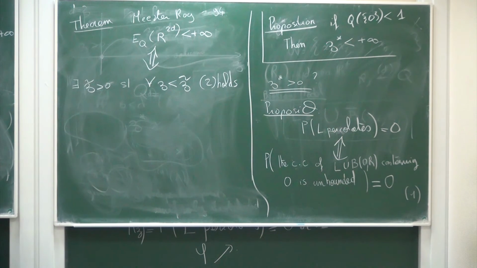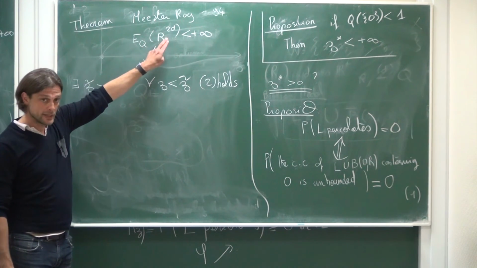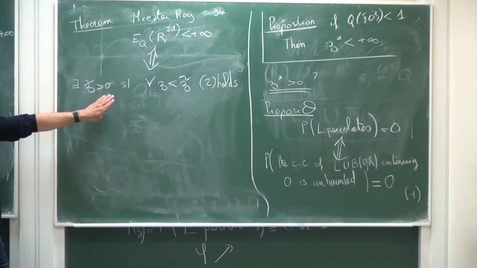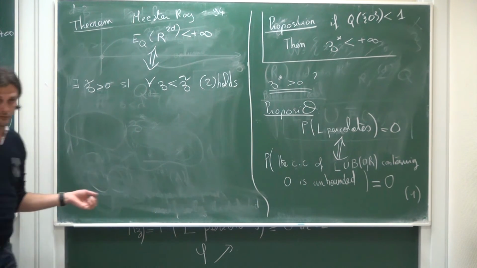And it's an equivalence. So if Q has a 2D moment, then for Z small enough, the expectation of the number of balls in the connected component is finite. So the connected components are finite, and percolation does not occur for Z small enough.